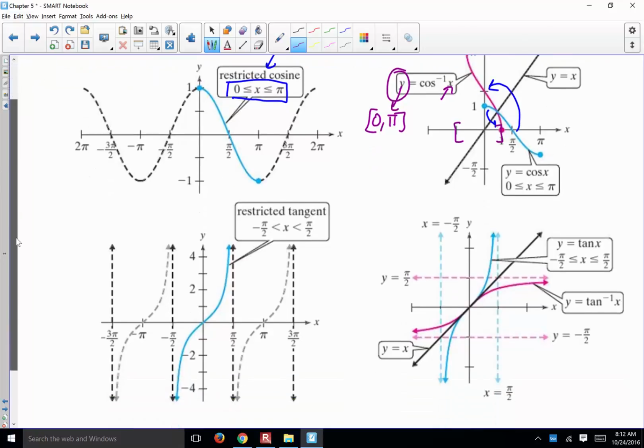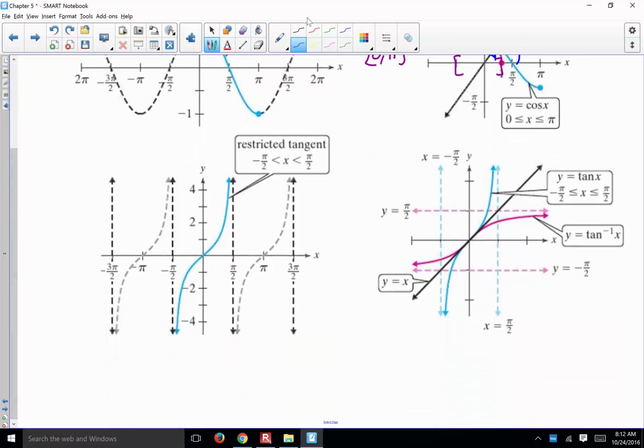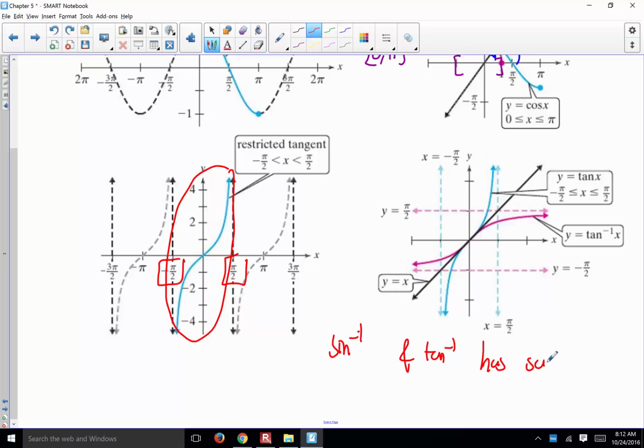Okay, how about tangent? For tangent, we pick the middle piece for the one-to-one restricted domain, and it's the same as sine. So sine inverse and tangent inverse have the same range values.